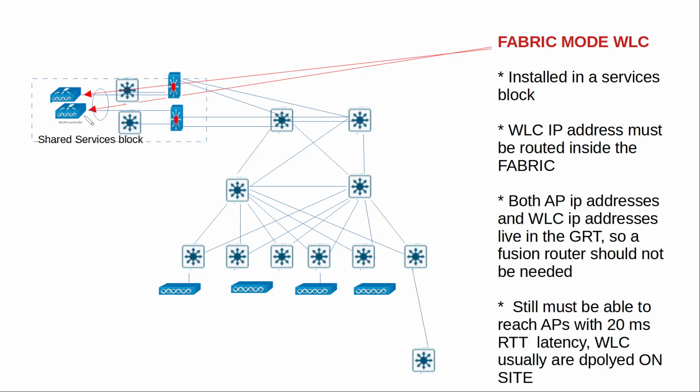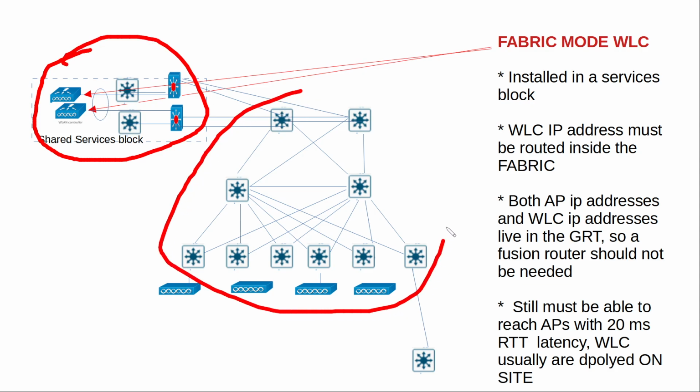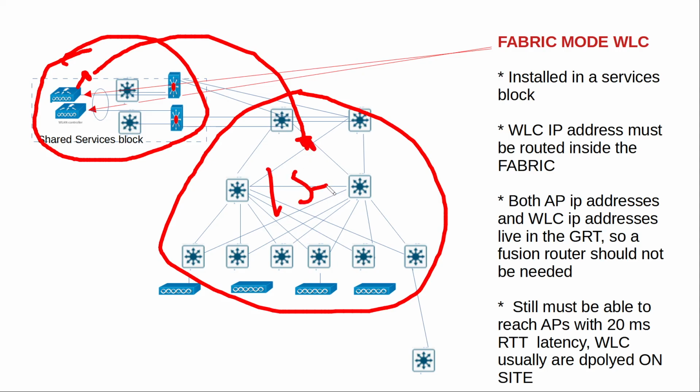So given your wireless LAN controllers are connected outside your fabric most of the time, then you must make sure that the IP address that belongs to your wireless LAN controllers is redistributed into the IS-IS domain or whatever protocol you have for your underlay.